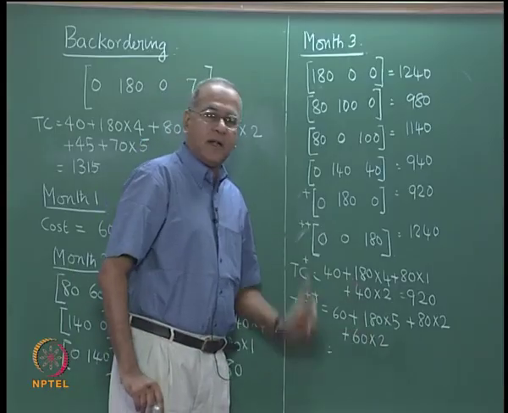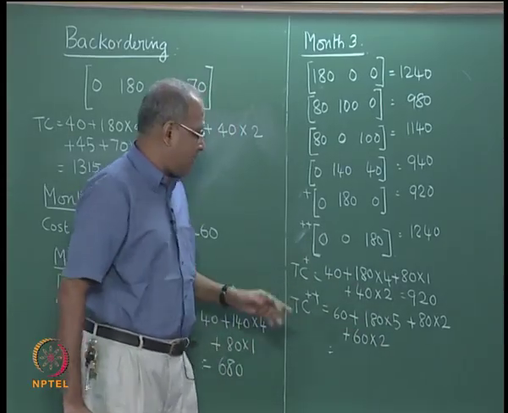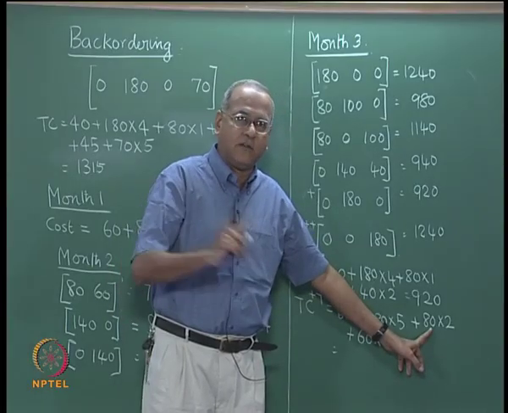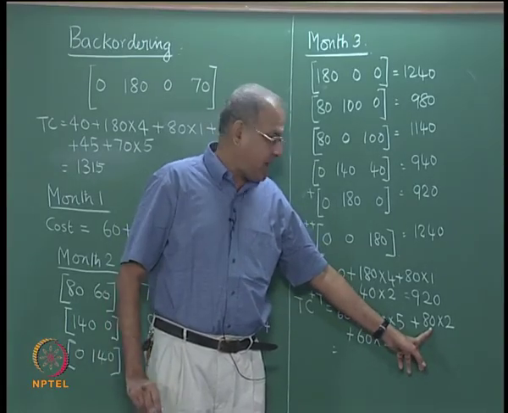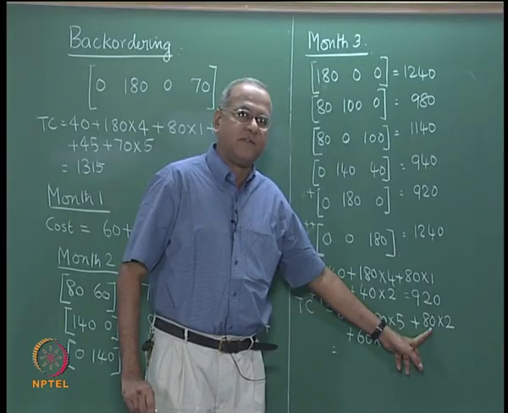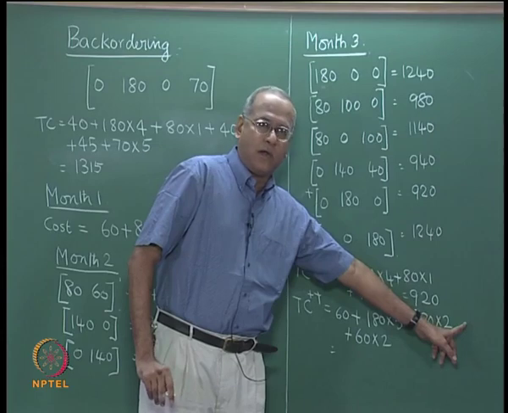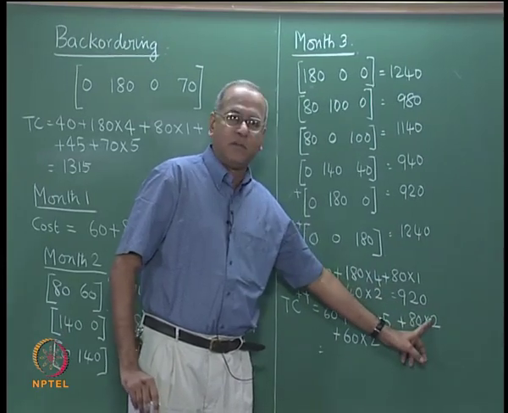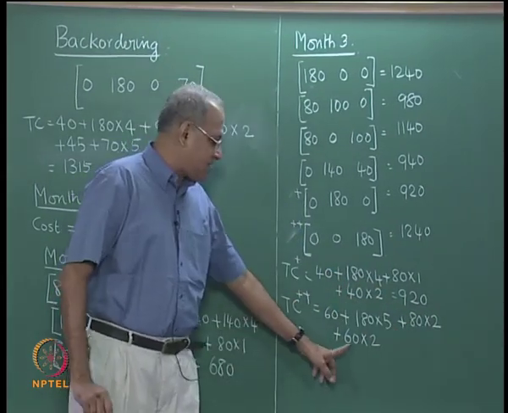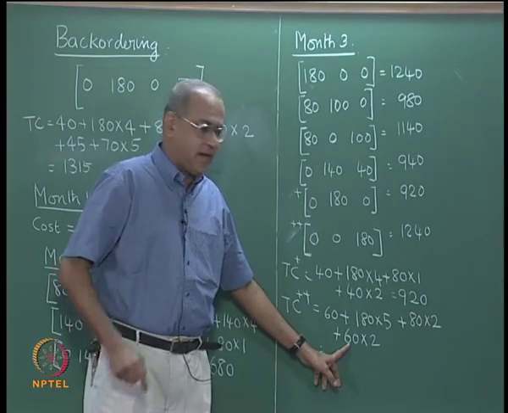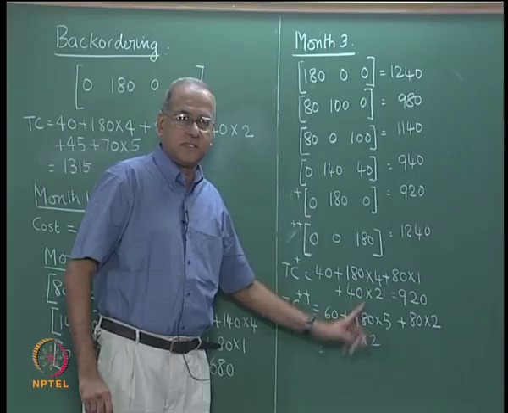When we do the back order calculation, we go back here and say that the first period demand of 80 is back ordered for 2 periods. Now, the per period back ordering cost for the first period demand is 1, therefore 80 into 2 into 1, where 1 is the cost and 2 is the number of periods. Here similarly 60 is the quantity back ordered, it is back ordered for 1 period with a cost of 2, so 60 into 2.